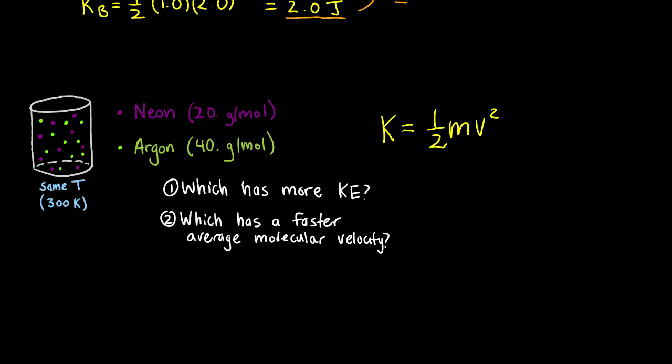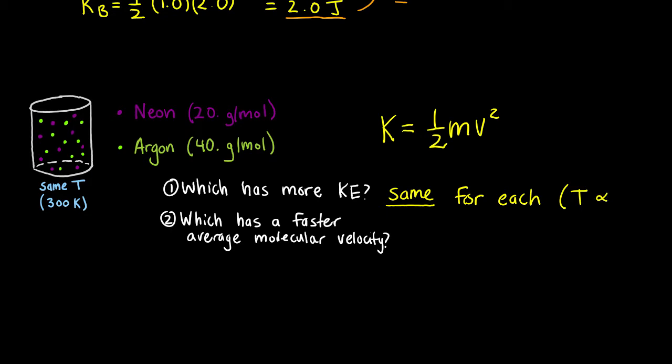So, neon is lighter than argon. Argon is heavier than neon. However, if they are at the same temperature, then they have the same kinetic energy. So that's how we're going to answer the first question. The average kinetic energy of the molecules is the same for each because of the temperature. And that is your justification.